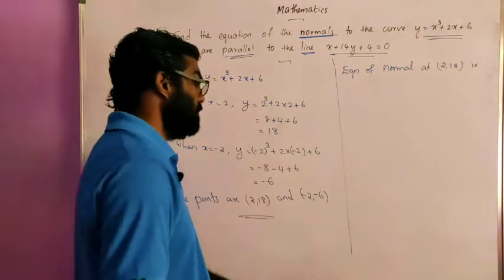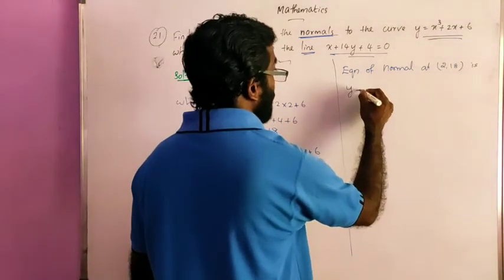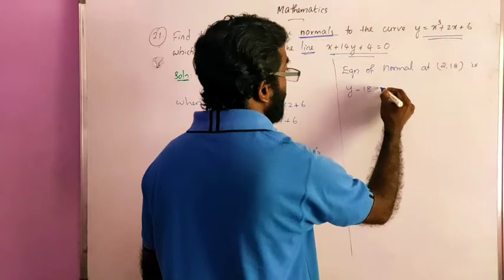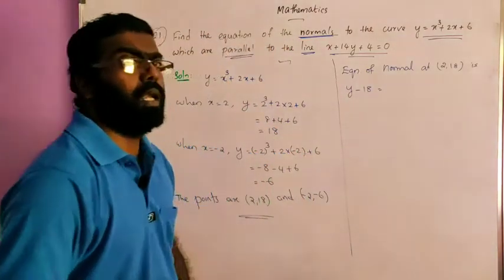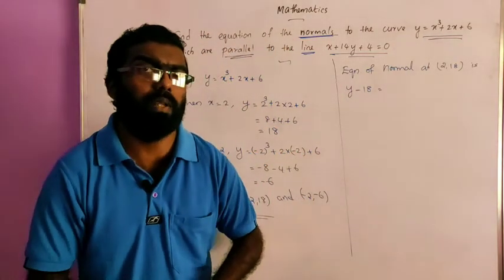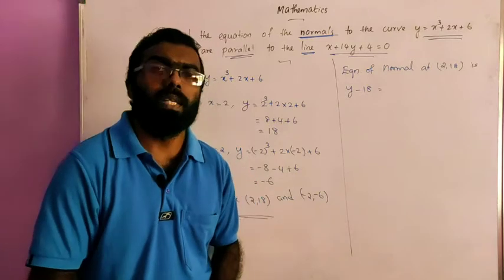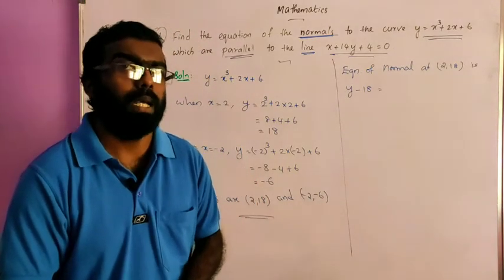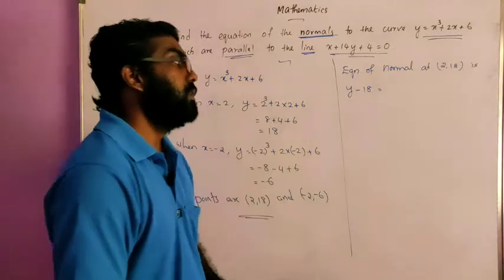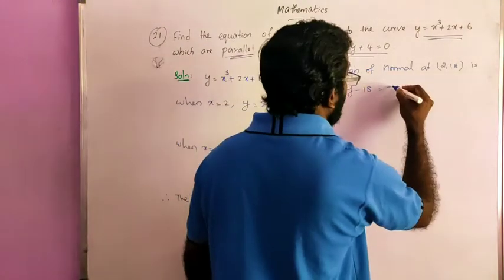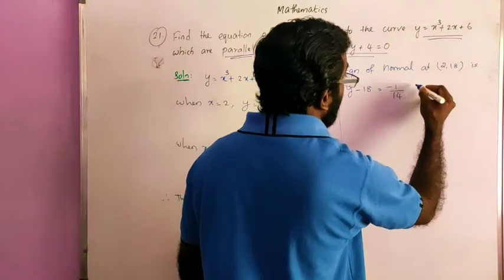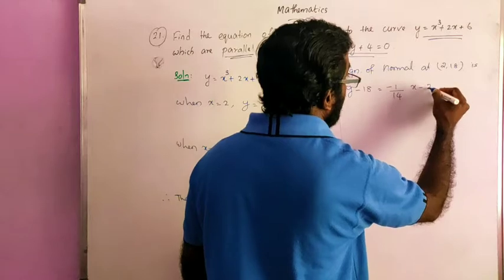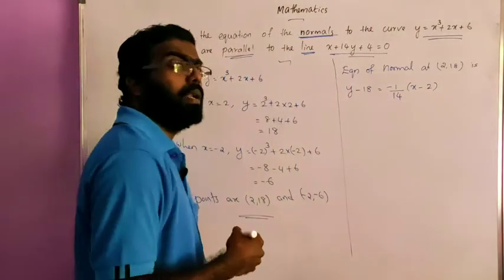Okay, so here y minus y0 is 18, which is equal to minus 1 by f dash of x0, that means slope of the normal. Here the slope of the normal is equal to the slope of the line, and we find the slope of the line as minus 1 by 14. So we can put the value minus 1 by 14 here, minus 1 by 14 into x minus x0, that is x minus 2. Clear?